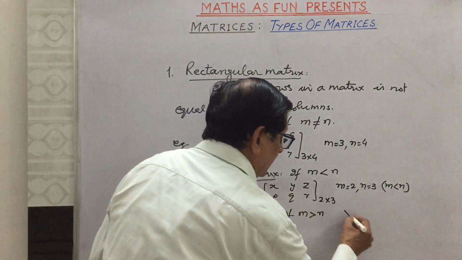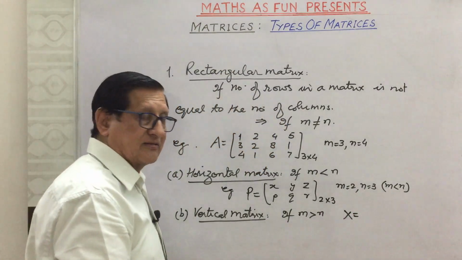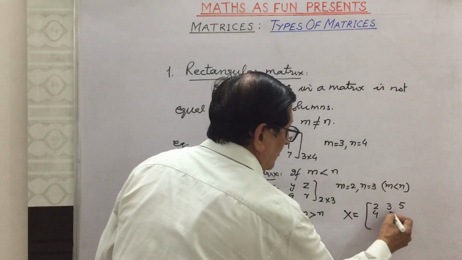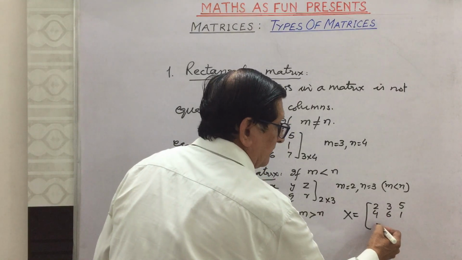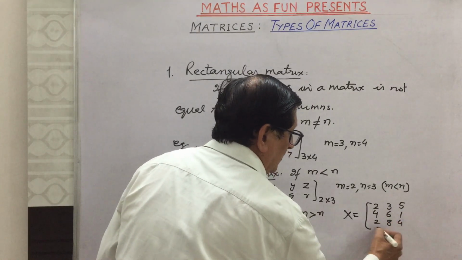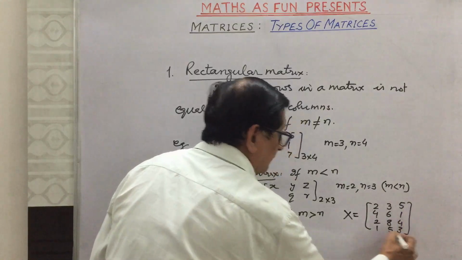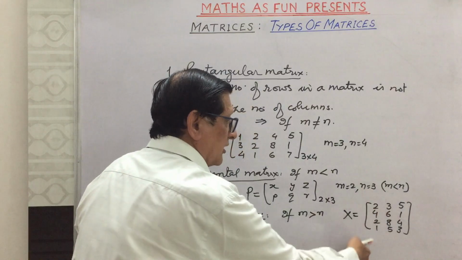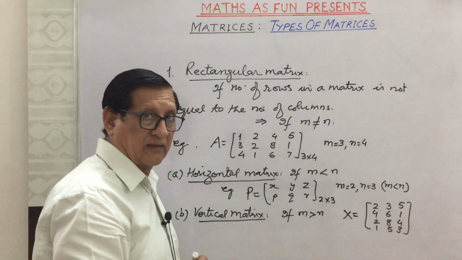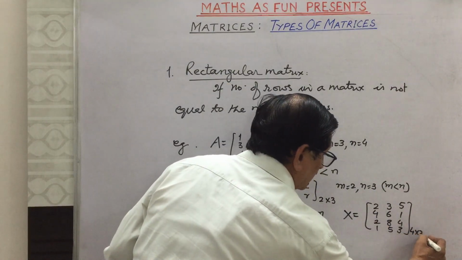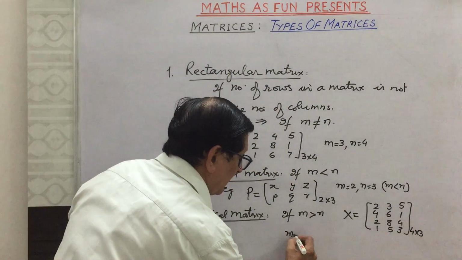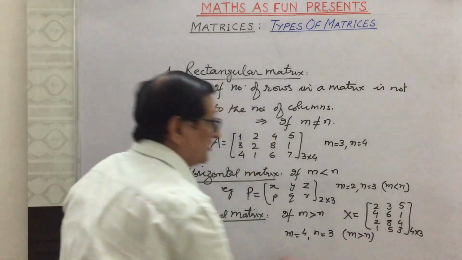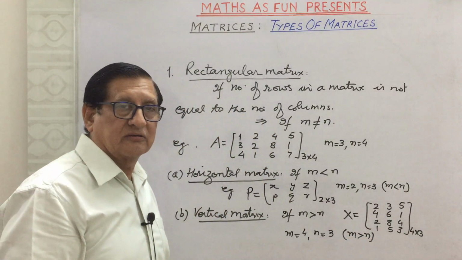For example, we take some matrix X. The elements in that are 2, 3, 5, 4, 6, 1, 2, 8, 4, 1, 5, 3. We find here that number of rows is 4, number of columns is 3. Here the order we are finding is 4 into 3. M is 4, N is 3, it means M is greater than N, so it is a vertical matrix.